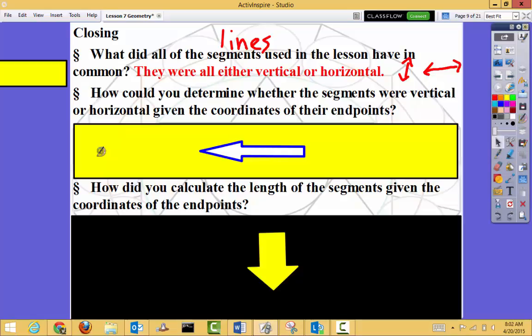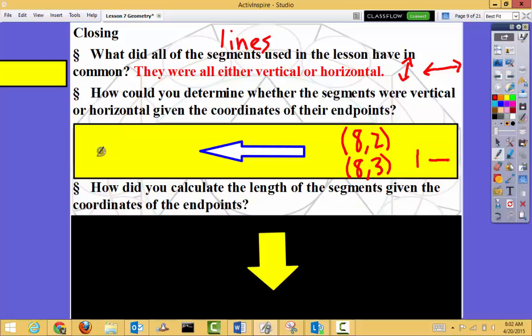How could you determine whether those segments were vertical or horizontal given the coordinates of their endpoints? So for example, if I just gave you this, 8, comma 2, and 8, comma 3, is this a vertical or is it a horizontal?